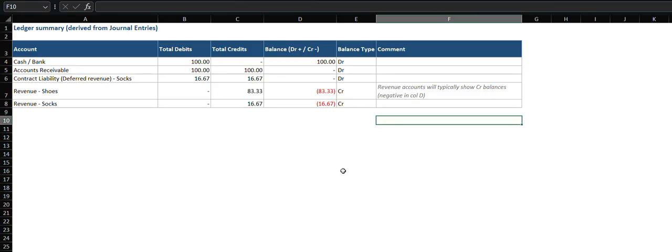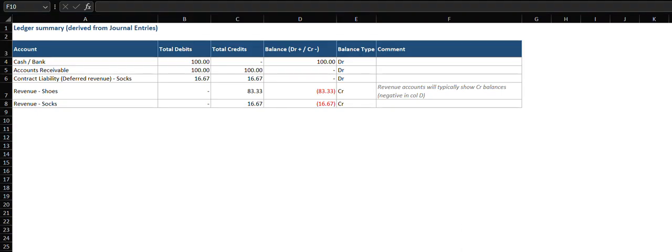To conclude this Excel file, it completes the demonstration of IFRS 15 for a bundle sale. It covers identification of performance obligations, allocation of transaction prices, timing of revenue recognition, and correct journal entries.